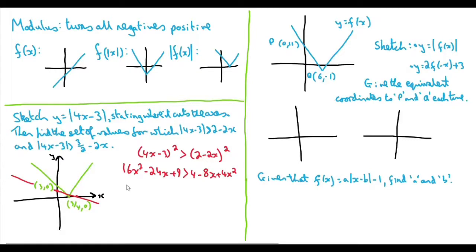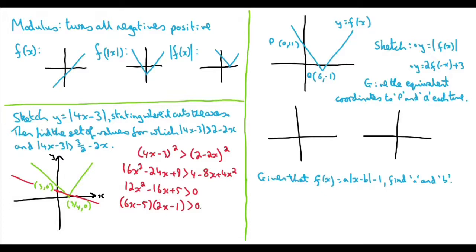You're going to end up with 12x squared minus 16x plus 5 is greater than 0. This you can factorise, so make it 6x at the start of one bracket and 2x at the start of another. If we then make this a minus 1 here and a minus 5 here, because 6 times minus 1 is minus 6, and minus 5 times 2 is minus 10, minus 6 minus 10 makes the minus 16 in the middle. This is still greater than 0 here though.